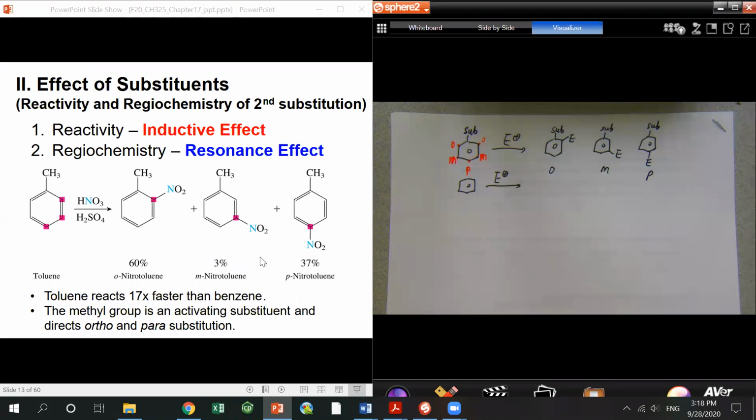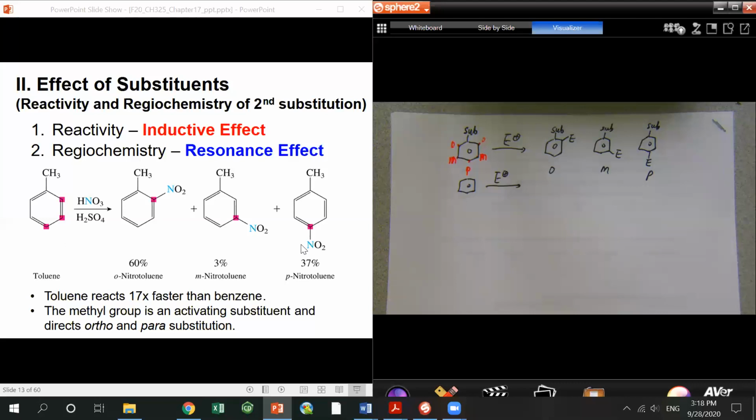Theoretically, if there's no selectivity, you should get a 2:2:1 ratio, because there are two ortho, two meta, and only one para. But in reality, we get 60% ortho product and 37% para product, so almost no meta product. That means the methyl group is directing the nitro group into its ortho and para positions.